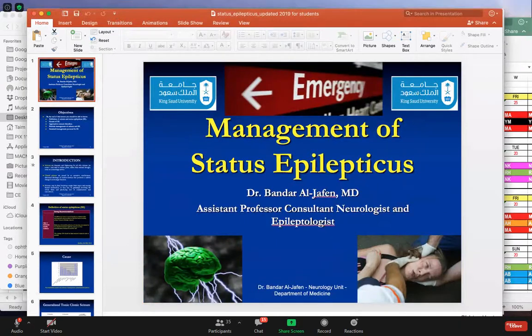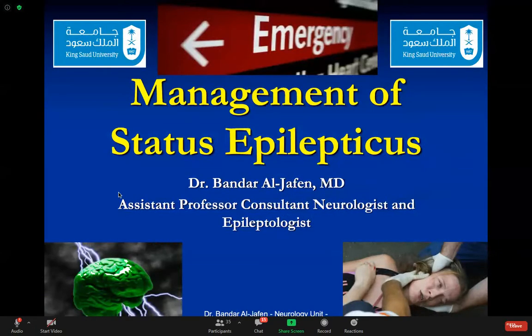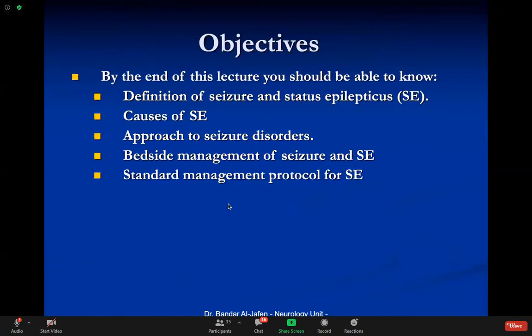Okay, you can see the new screen that says management of status epilepticus. So we're going to discuss this one. All right. Excuse me, I have a bit of a runny nose today.